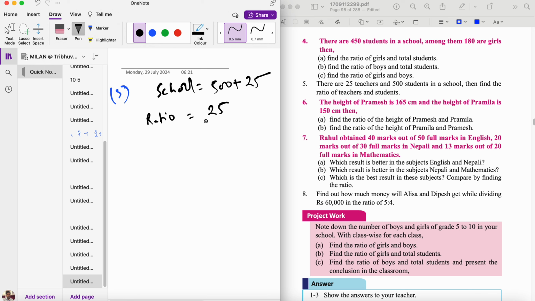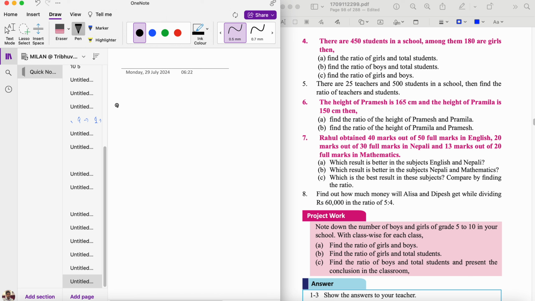Teachers 25, students 500, so this gives 1, and in 100 there is 425, so 4 into 5 means 20, so 1 by 20. This is also finished.